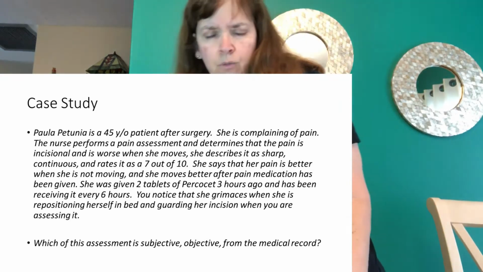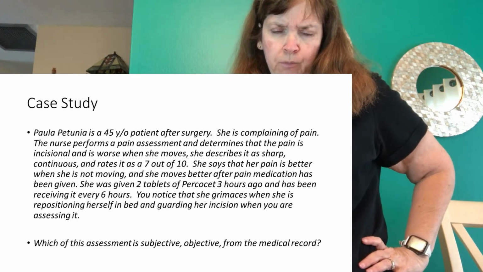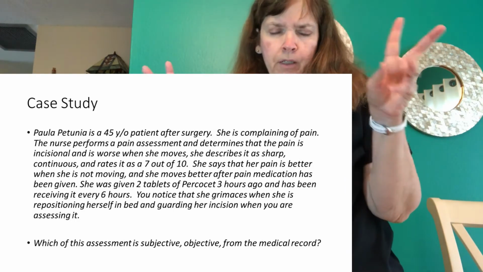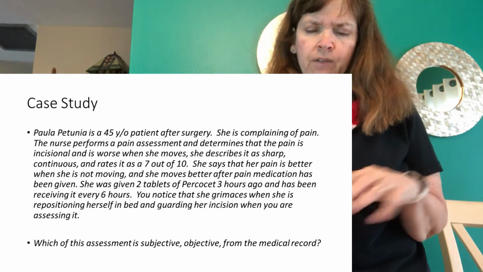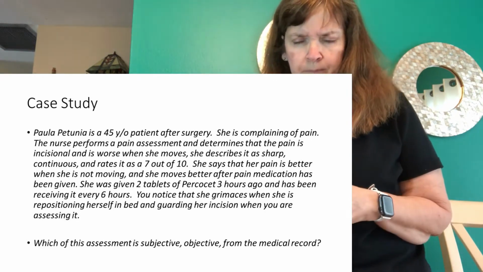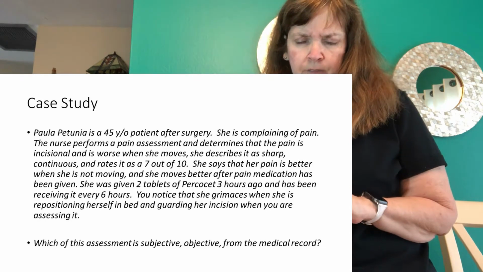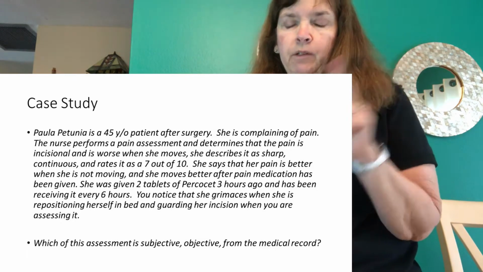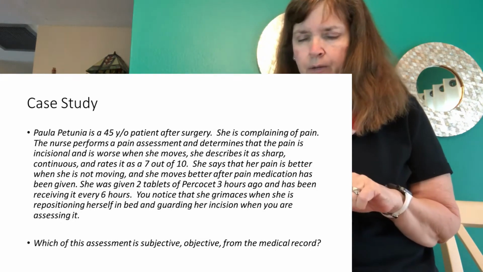It's where the incision was, and is worse when she moves. She describes it as sharp, continuous, and rates it as a 7 out of 10. She says that her pain is better when she's not moving, and she moves better after pain medication has been given. She was given 2 tablets of Percocet 3 hours ago and has been receiving it every 6 hours.